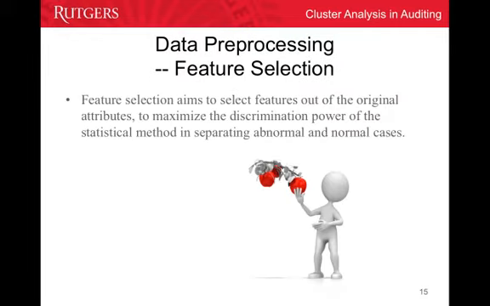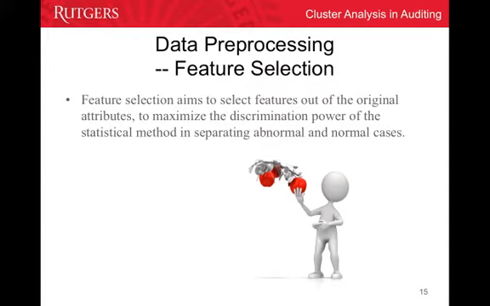Okay. Another step in the data preparation stage is called feature selection. Feature selection aims to select features or attributes out of the original fields to maximize the discrimination power of the statistical methods in separating abnormal and normal cases.